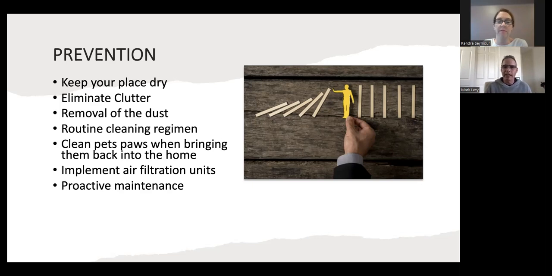Make a list of things that you want to tackle every year, whether it's having a plumber come out and check your plumbing. Many times people get clogged pipes and clogged drains. You can have somebody come out every single year to check those things, and make sure that you're maintaining and looking at your ventilation system.